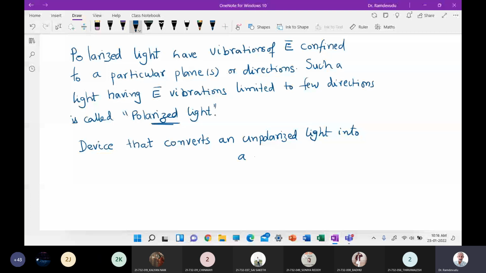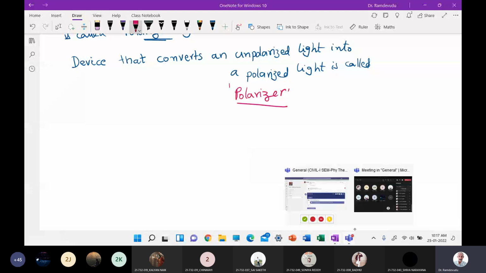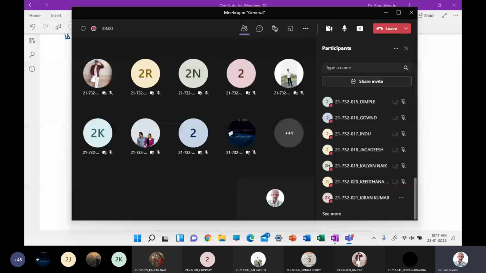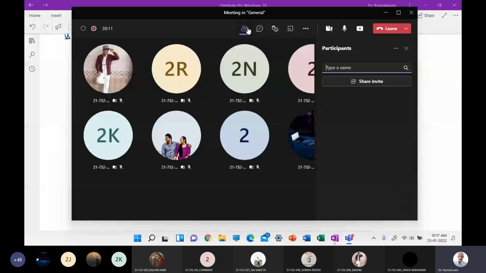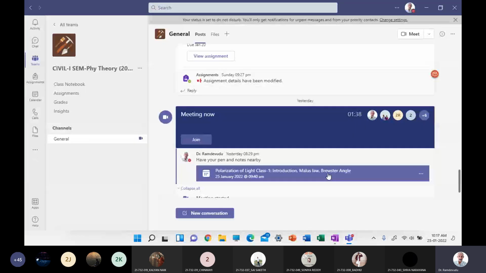So what is a polarizer? How do you define a polarizer?